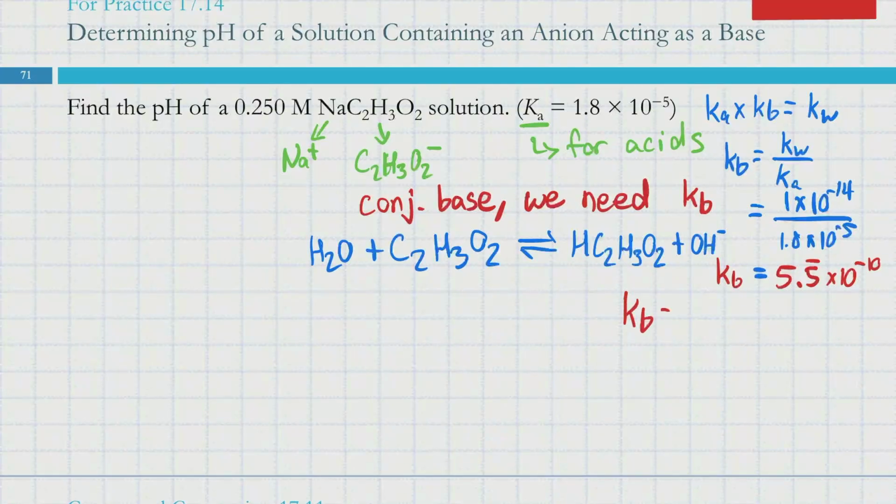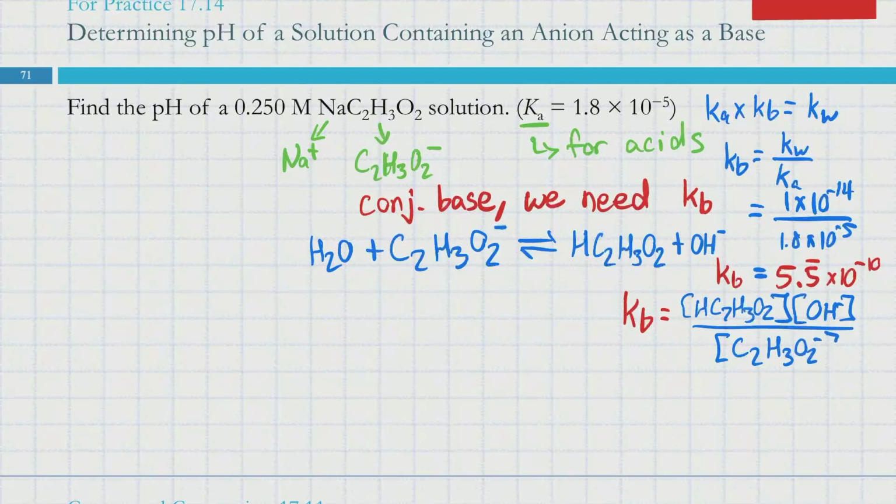Our Kb then is concentration of acetic acid times the concentration of hydroxide over the concentration of acetate, C2H3O2 minus.